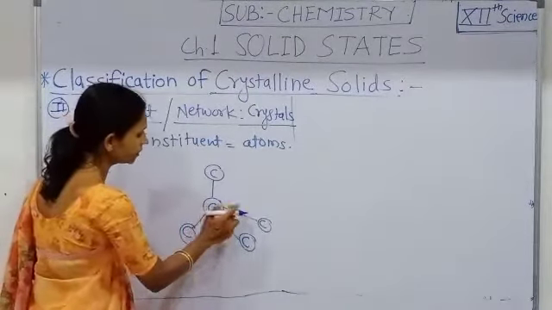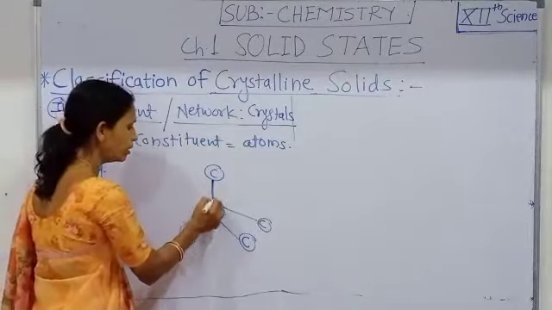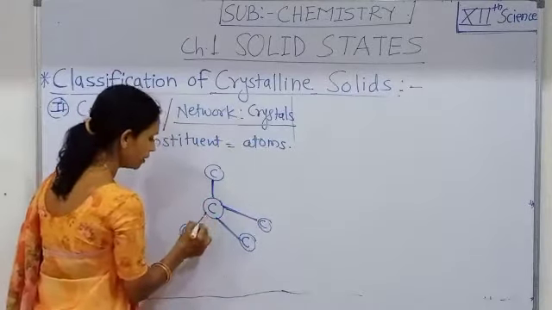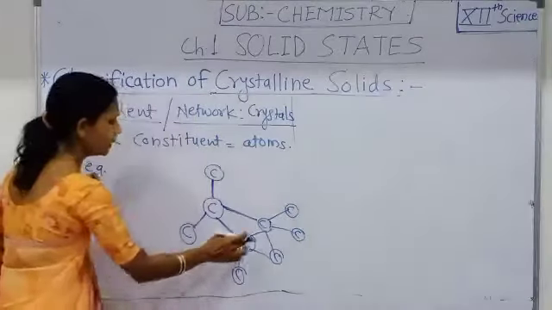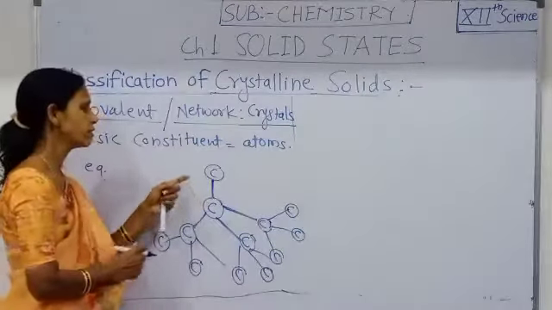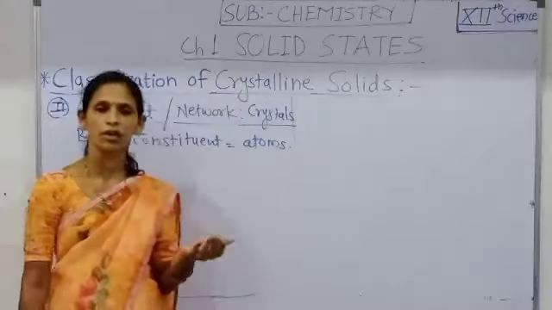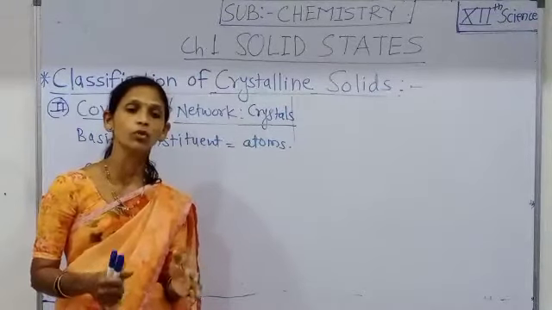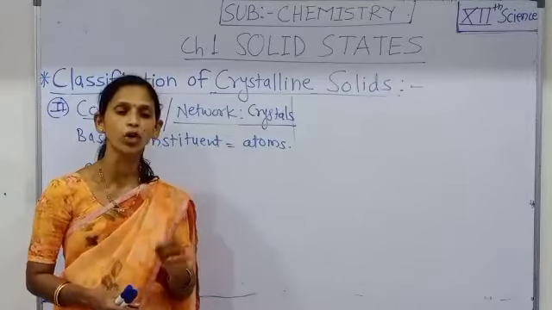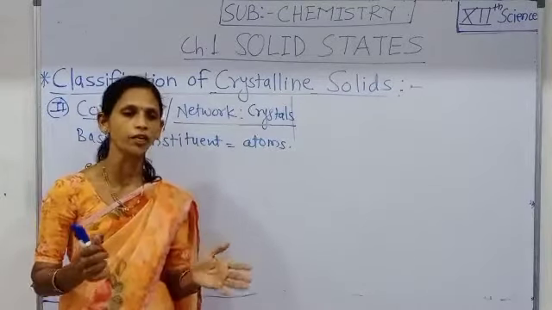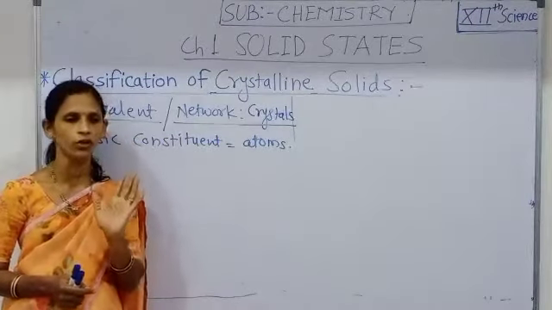Each carbon atom is surrounded by 4 other carbon atoms by covalent bonding in tetrahedral geometry, and it forms the giant network. This three-dimensional network of covalent crystals is also known as a giant molecule. The entire crystal is a single molecule.